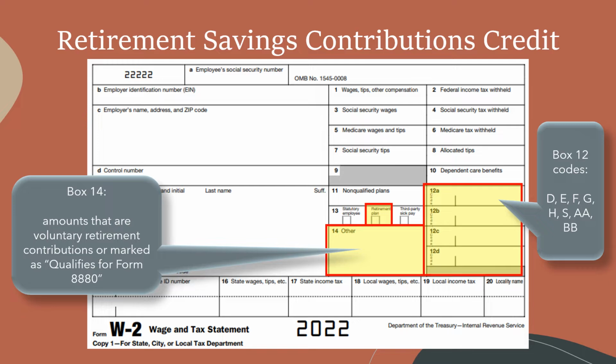So if you see in box 12 a code D, E, F, G, H, S, AA, or BB, these are codes that tell you that the taxpayer has put away some money into some sort of a qualified contribution plan. And I know you're going like, wow, that's a long list of codes. How am I going to remember that?